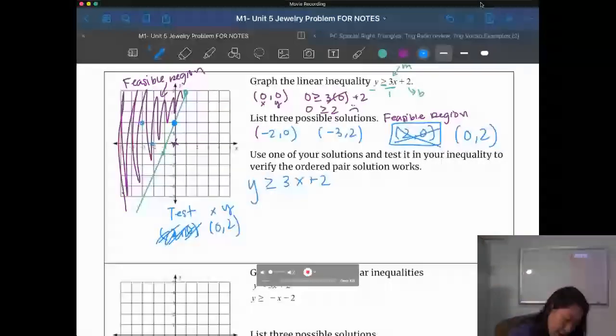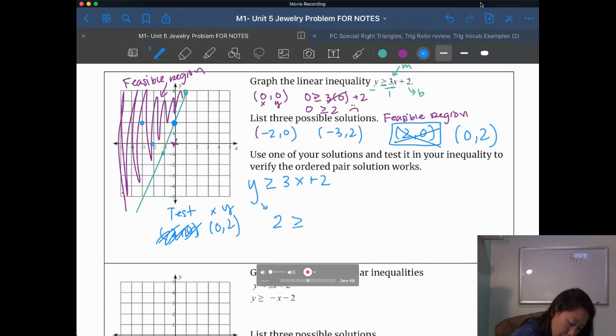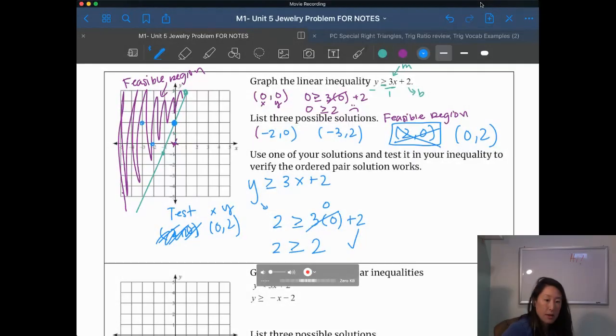I'm going to plug in 2 is greater than or equal to 3 times 0 plus 2. All right, that's 0. So 2 is greater than or equal to 0 plus 2 is 2. Is 2 greater than or equal to 2? Yes, it is. So that 0, 2 is a combination that works in my inequality.